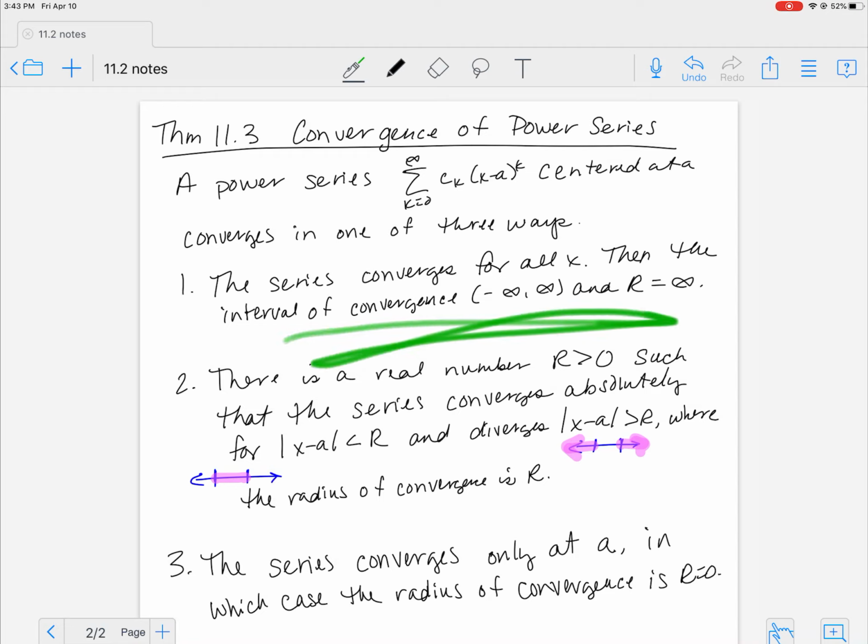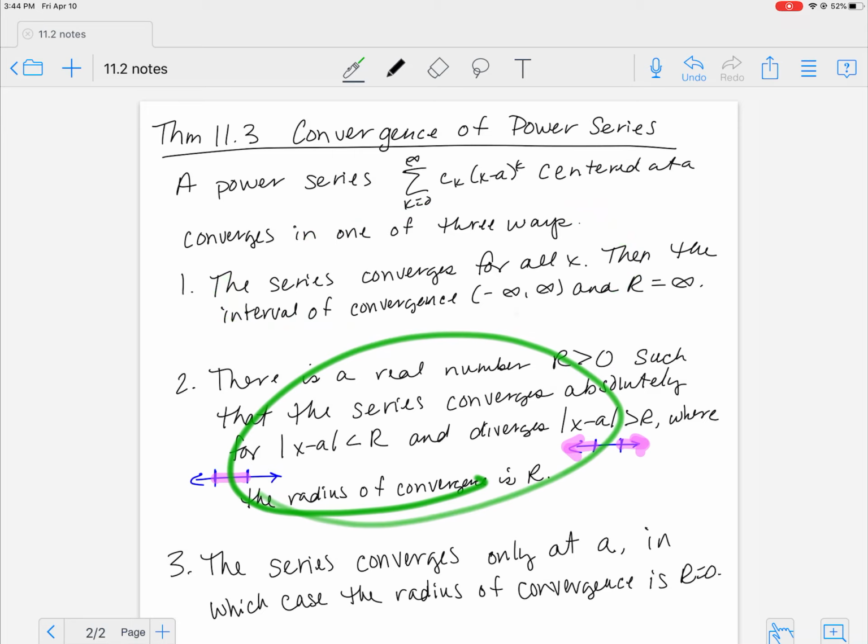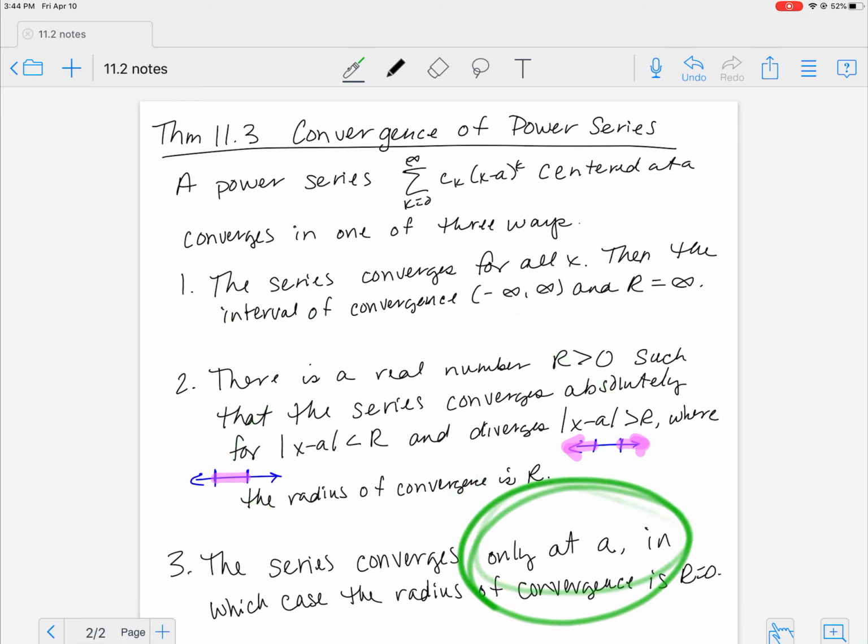I'm finding my interval and my radius of convergence. My interval doesn't exist here. It converges only at a point. So you have three choices: everywhere, a specific interval, or only at the center a. You're not determining divergence. You're just saying where this converges: everywhere, just on an interval, or only at a. All right?